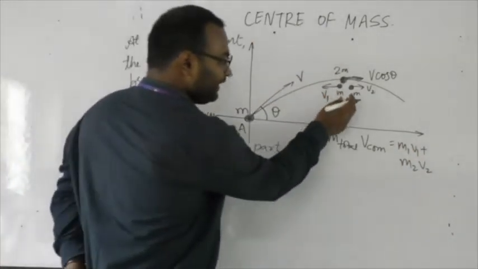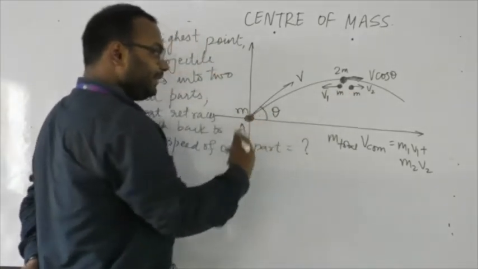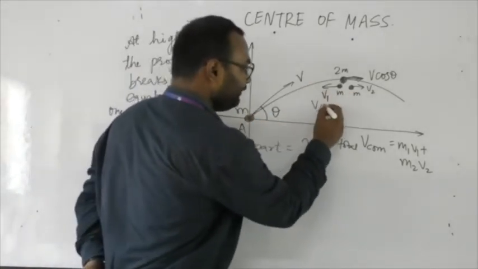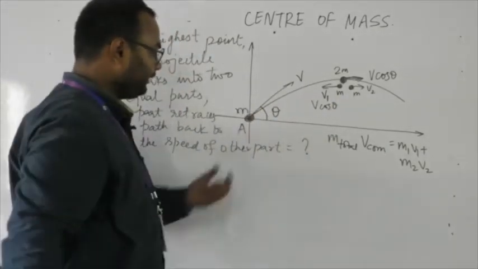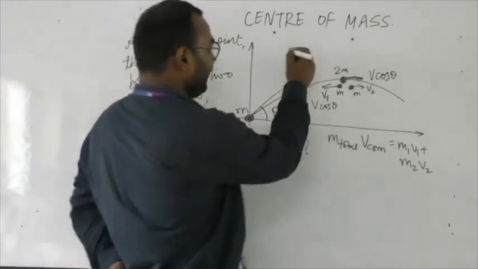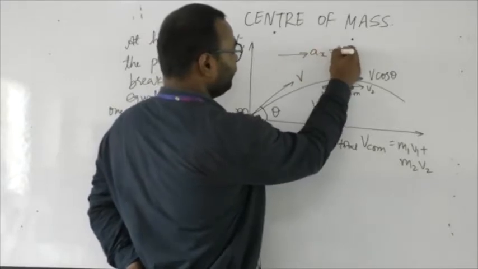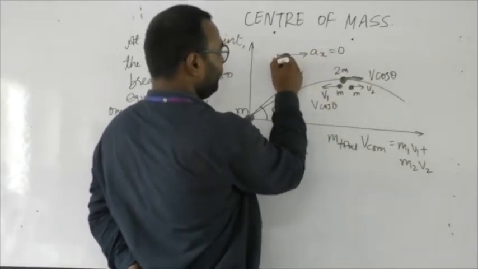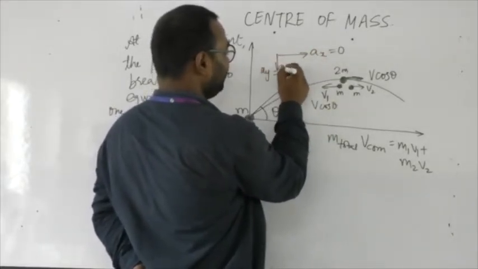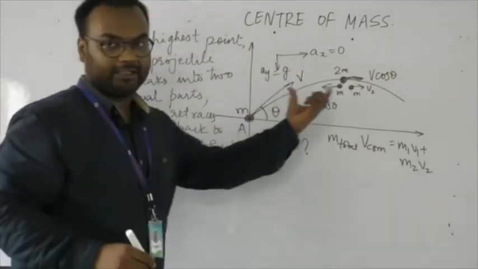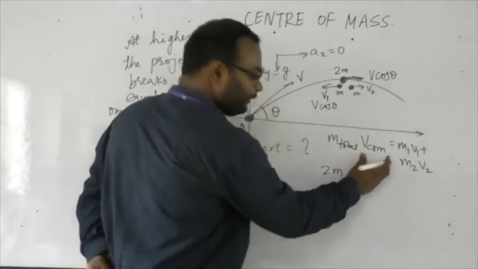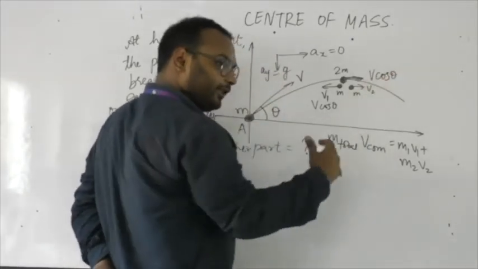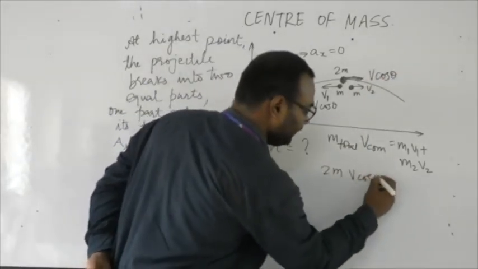This mass m retracing the path means it will return back with the same velocity v cos theta, then only it will go back to A, because on the x-axis there is no acceleration. Only in the y-axis there is acceleration equal to g in projectile motion. So M total is 2m. Center of mass velocity was v cos theta before explosion.